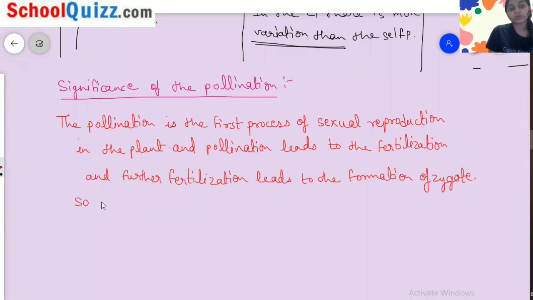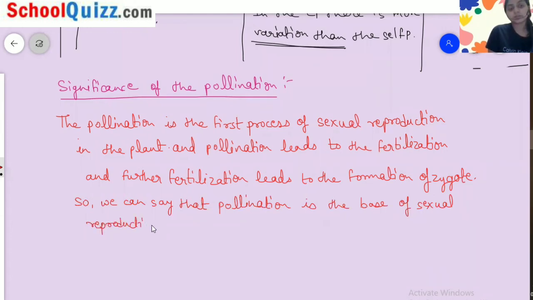So we can say that pollination is the base of sexual reproduction in plants.